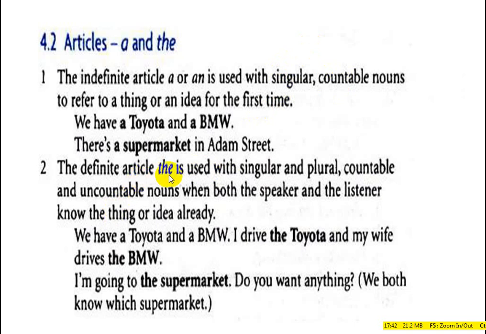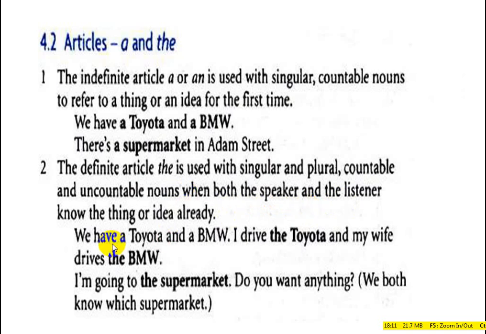But the definite article the is used with singular and plural, both countable and uncountable nouns, when the speaker and the listener, both of them, know the thing or the idea already. يعني نستخدم the من أنه المتكلم والمستمع يعرف الشيء أو الفكرة مسبقا, not as a or an.